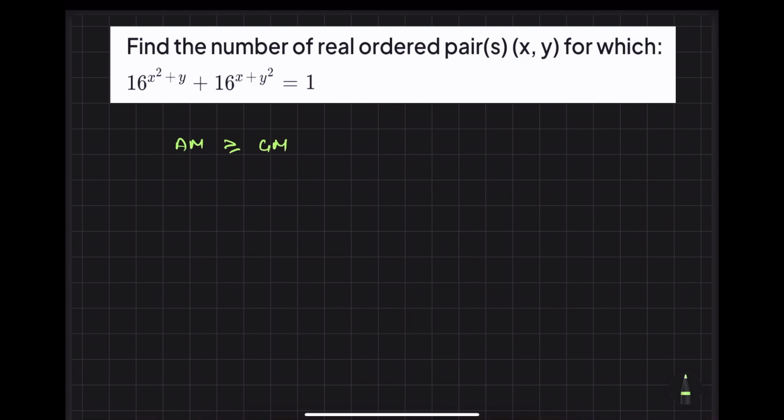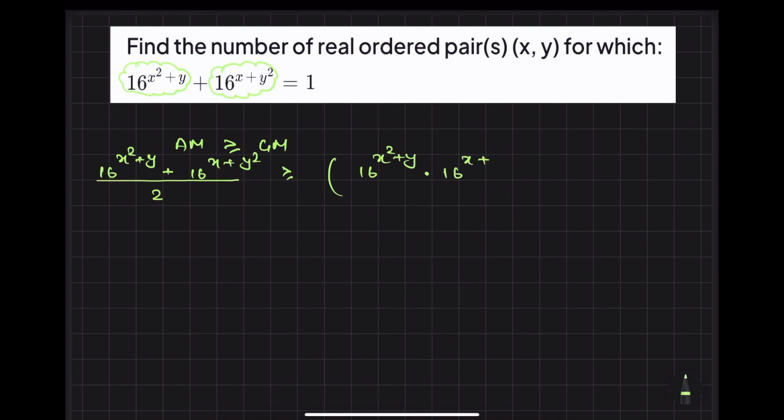So AM means what? Suppose this is term 1. It is positive, so we can apply AM. This is also a positive number, so we can apply AM and GM. So it is 16 power x square plus y plus 16 power x plus y square, divided by 2, greater than or equal to 16 power x square plus y times 16 power x plus y square, whole power 1 by 2.